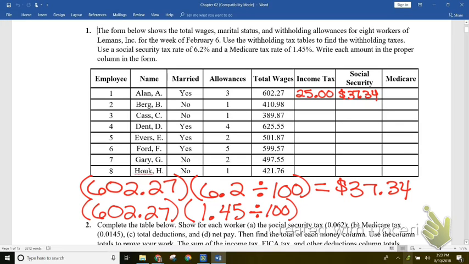And that works out to $8.73 with an extra 2 at the end there. So we are going to round that off to $8.73. We won't use an extra decimal since that doesn't really make sense in this scenario.